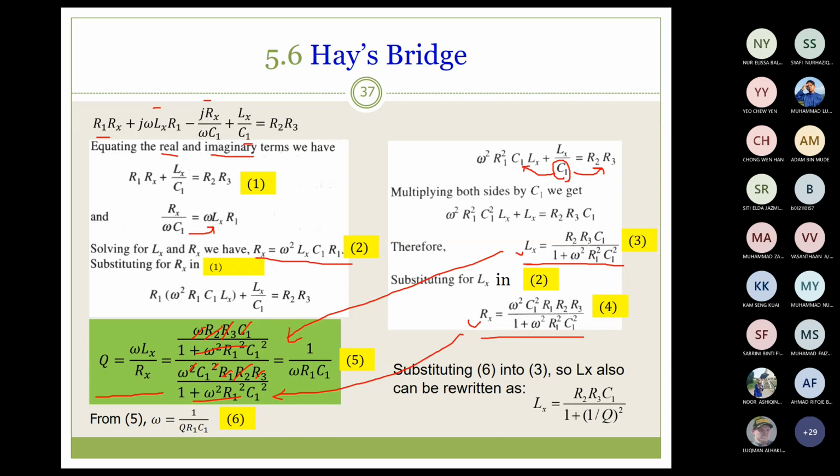Okay, so what remains is 1 over omega R1 C1. So Q is 1 over omega R1 C1.